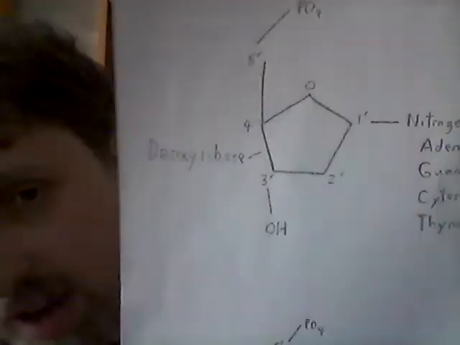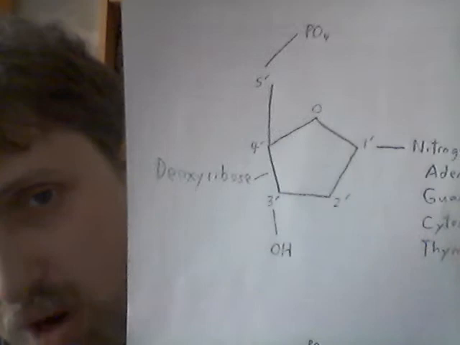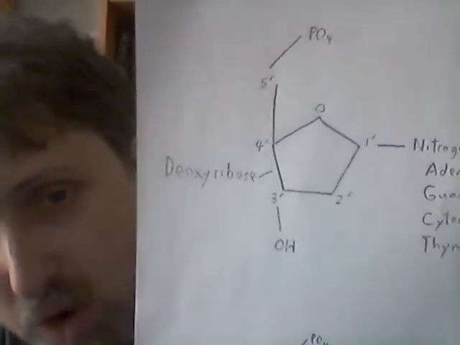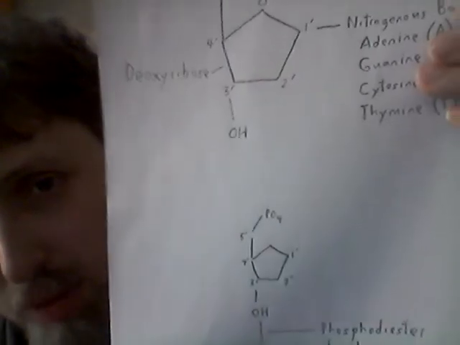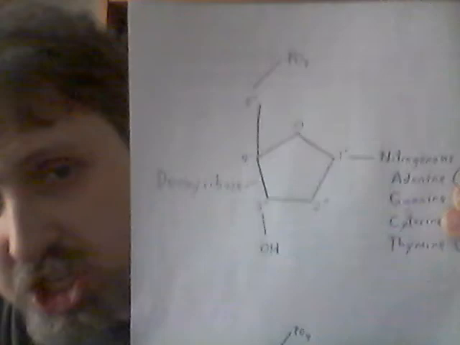Now, a few other things are bonded onto this sugar molecule. Attached to the 5' carbon atom up at the top, you have a phosphate, PO4. Attached to the 3' carbon down at the bottom, you have a hydroxide molecule, OH.